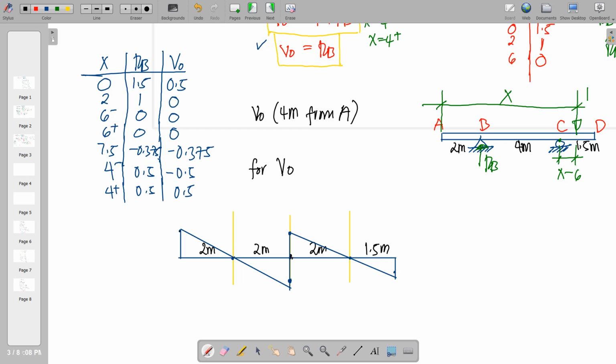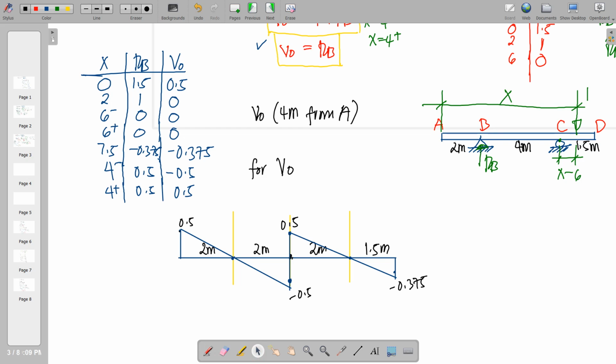The values here are positive 0.5, negative 0.5, positive 0.5, and negative 0.375.